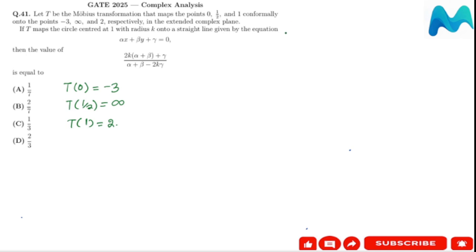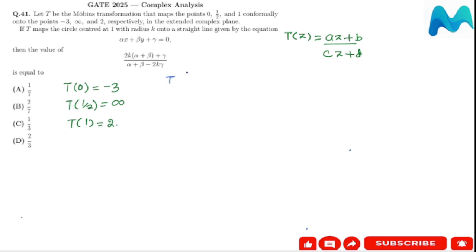We know that the Möbius transformation is T(z) = (az + b)/(cz + d). To find the Möbius transformation, there are two ways. One is to put these values in this expression and find the values of a, b, c and d. Another way is the cross ratio, but we will use the first method.